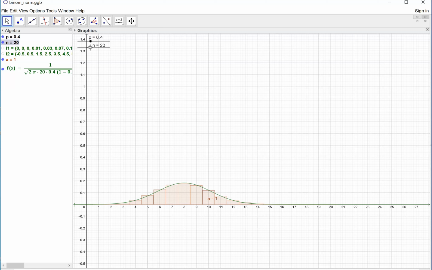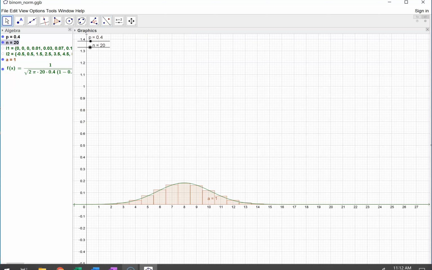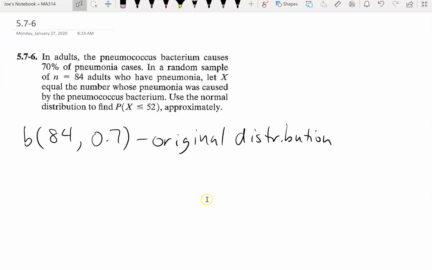So if we want to get a good approximation when we're using the normal distribution, we do what's referred to as integer correction or continuity correction. We do this by looking at the halfway point in between to make sure that we catch what we need. So, for example, going back to the original problem, we want x less than or equal to 52, right?